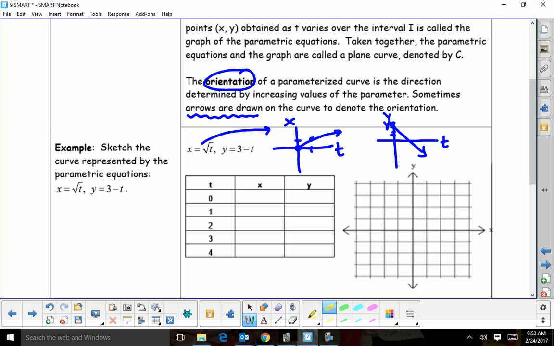Okay. So when I talk about domain, I am talking about x's. And we always think we have x, y, yes? But now in parametric, t is always the parameter. So my domain is right here. And over here, I am finding my range.